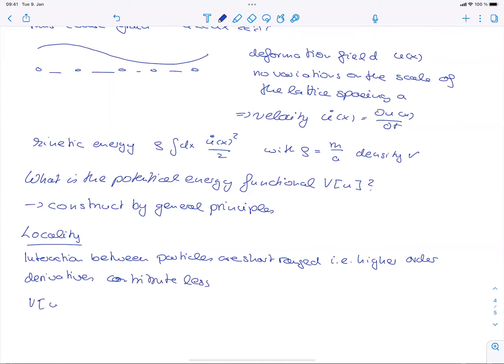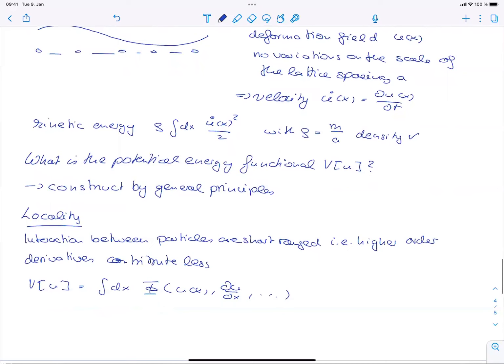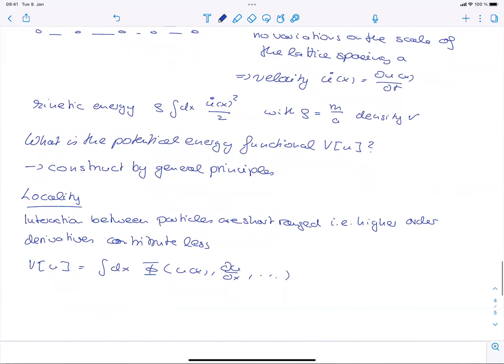Okay, so we start by assuming that our functional looks like some integral of some function phi, and there might be u of x and du/dx and so on, but eventually I can ignore higher order terms. There are the constraints. For example, in this case, we have translational symmetry, which means that the physics is the same if I look at particle u_n or u_(n+5), right?